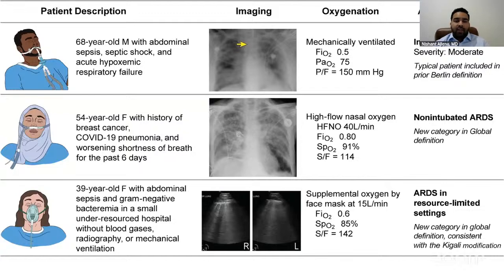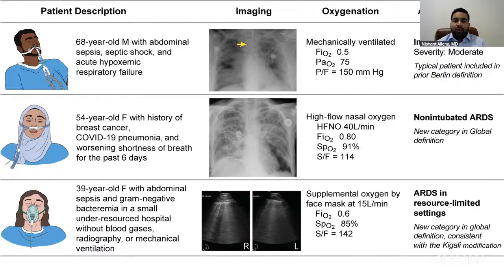And if you look at the imaging, you see that you have bilateral infiltrates. Now, if you look at his oxygenation parameters, they say that he's mechanically ventilated. You have an FiO2 of 0.5 and you have a PaO2 of 75. So here your PF ratio is essentially 150 and you're in a category of moderate ARDS.